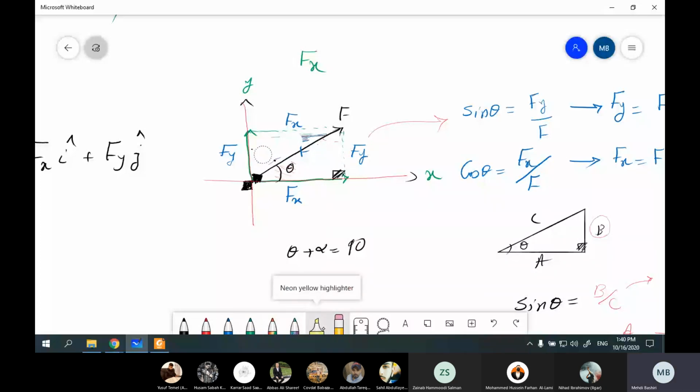Here we have alpha instead of theta. Okay, I want to talk about this triangle. I want to know what is Fx.